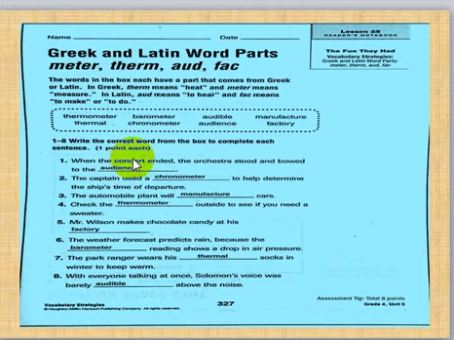Number 5, Mr. Wilson makes a chocolate candy at his factory. Makes here means manufacture. Yes, chocolate candy, because what does a factory do? It manufactures things in large numbers.